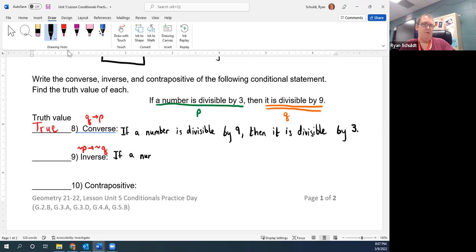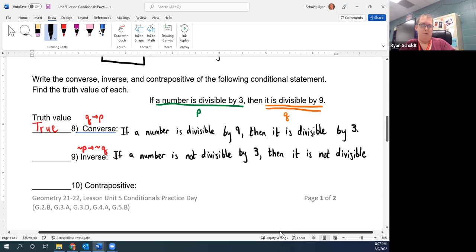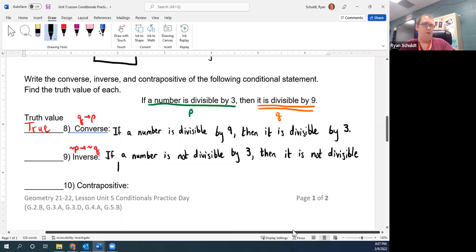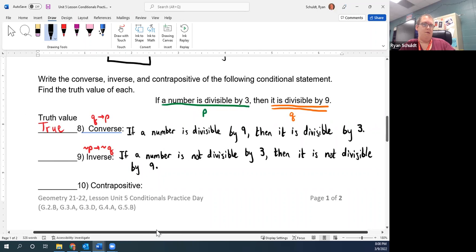If a number is not divisible by 3, then it is not divisible by 9. So if it's not divisible by 3, then it's not divisible by 9. That's true.